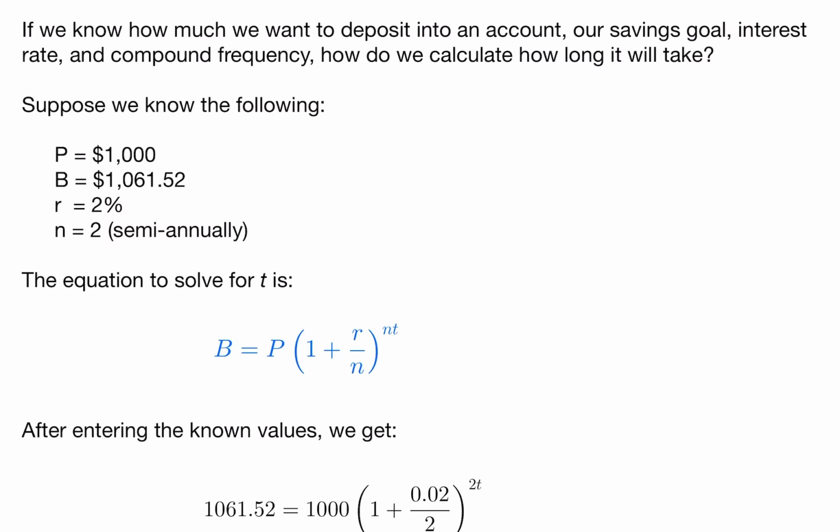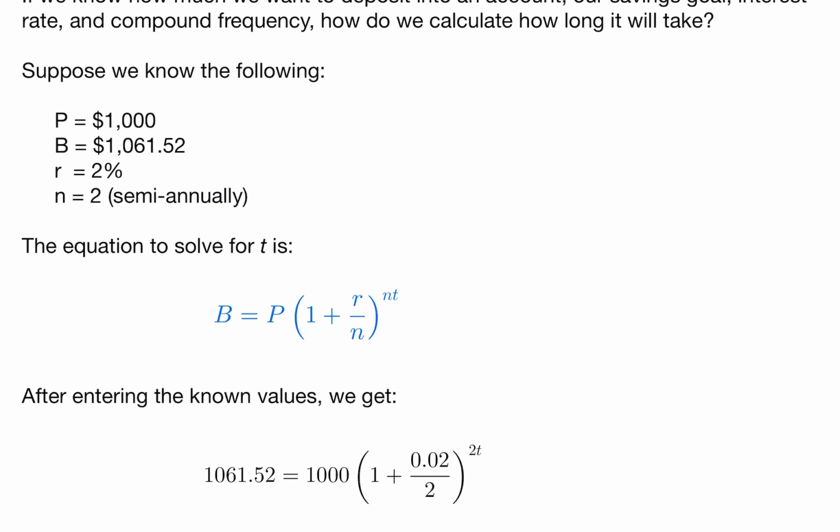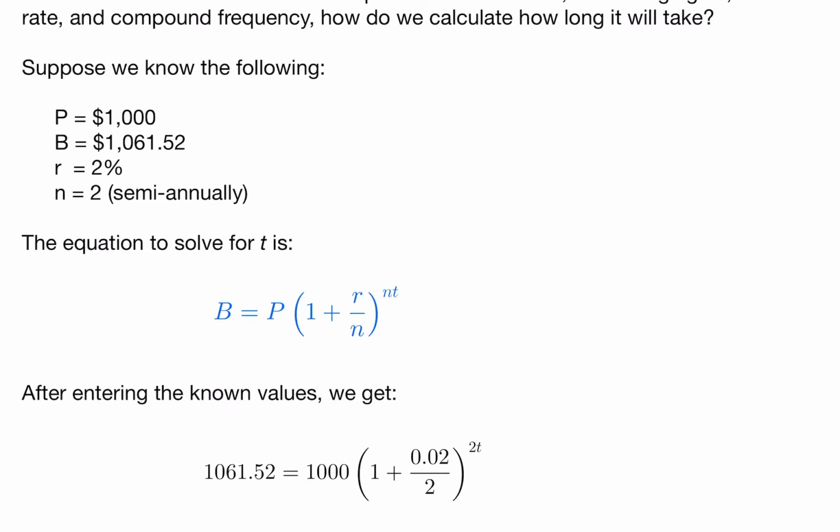Normally when we solve a problem like this, we would use this equation to solve for t: B is equal to P times this entire quantity raised to the nt power. Depending on what we're solving for, we would put various values into this equation to get our answer.